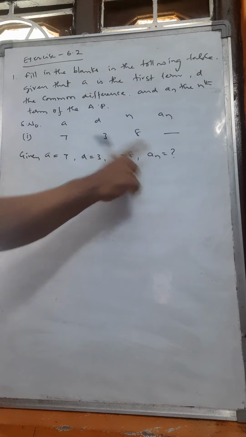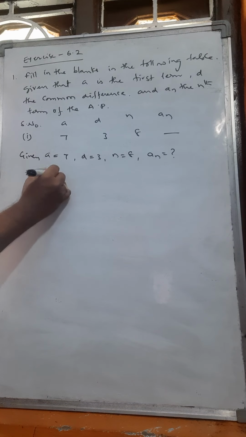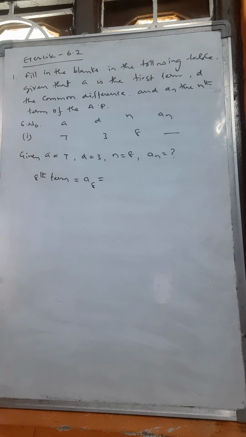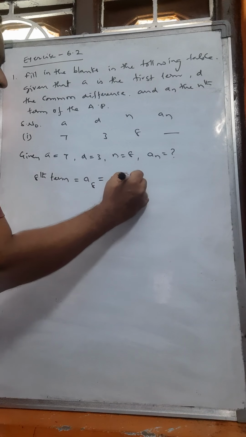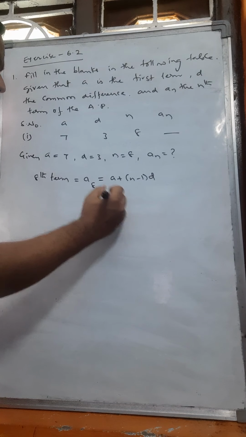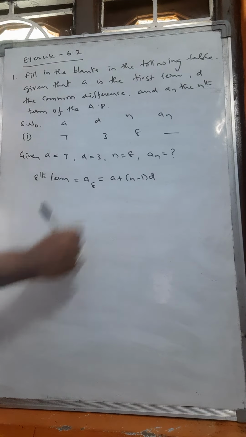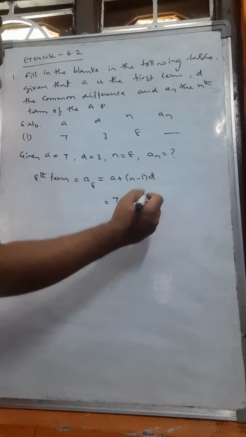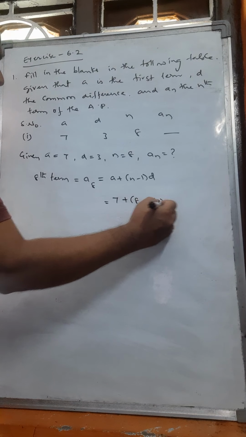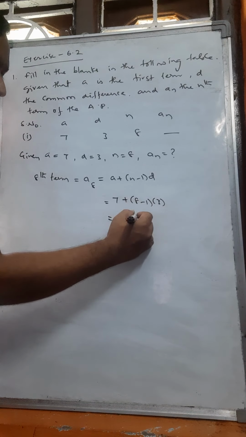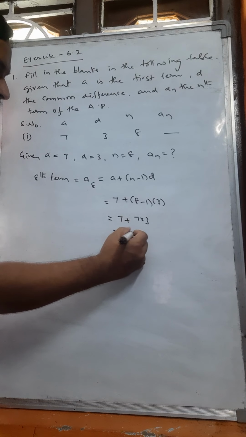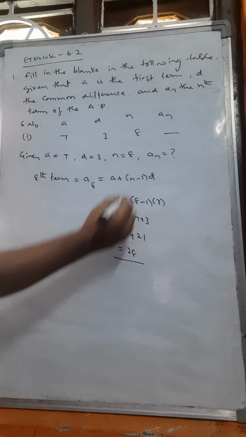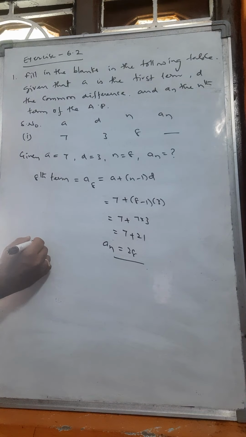So the 8th term A8, we know the formula AN is equal to A plus N minus 1 into D. A means 7 plus 8 minus 1 into D, D means 3. So 7 plus 7 into 3, so 7 plus 21, that is 28. So here AN is equal to 28.